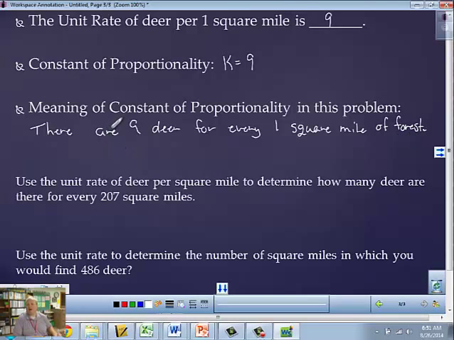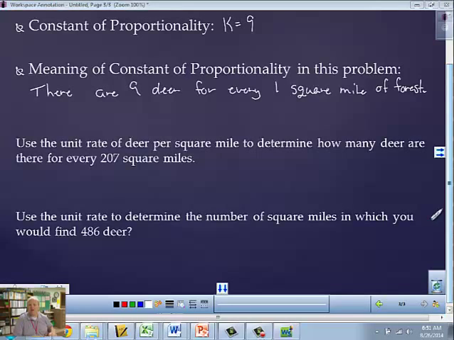So basically, all the constant of proportionality means in this problem is that there are 9 deer for every 1 square mile. Now, let's use the same information and play around with this for just a little bit.